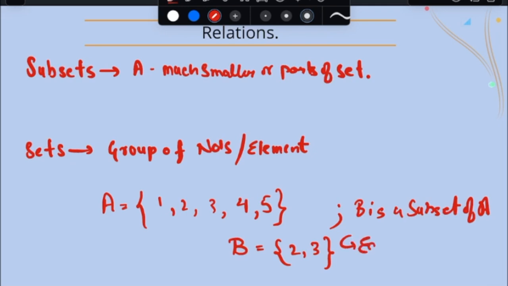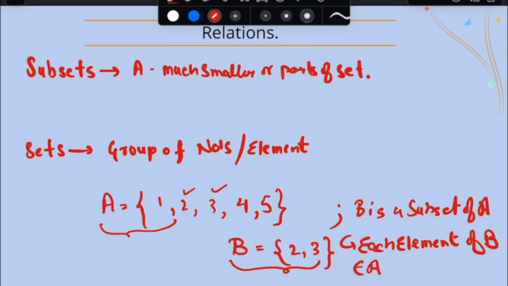Because each element of B belongs to A. That means every element of B is already there in A. So B becomes a subset of A. This is the definition of subset and set.